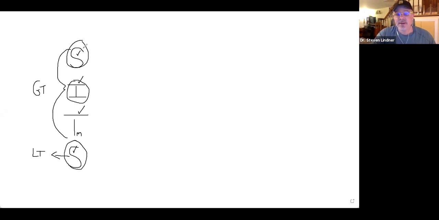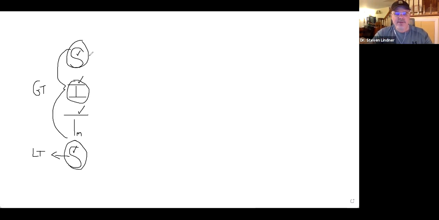So the supraspinatus originates on the supraspinous fossa. The infraspinatus originates on the infraspinous fossa. And the subscapularis originates on the subscapular fossa. So three of the four originate on their corresponding fossae. Teres Minor, I didn't circle it with an O because it does not originate on a fossa. It originates on the vertebral border of the scapula.